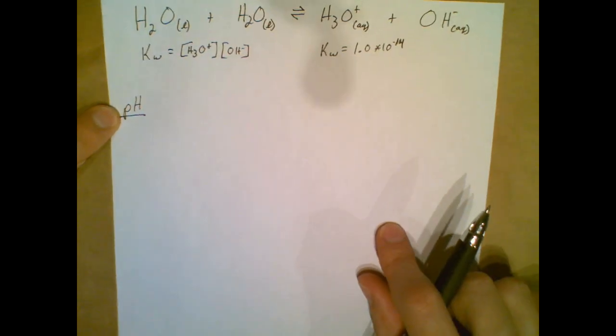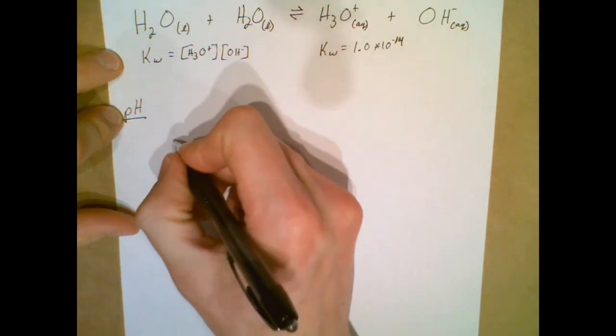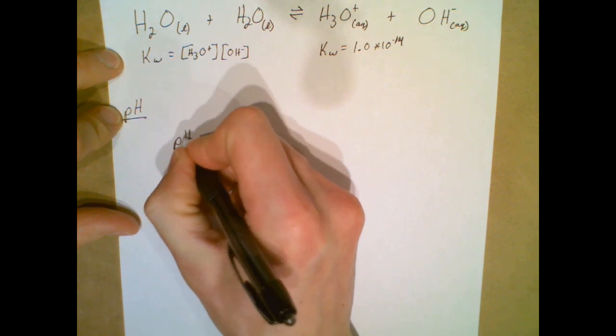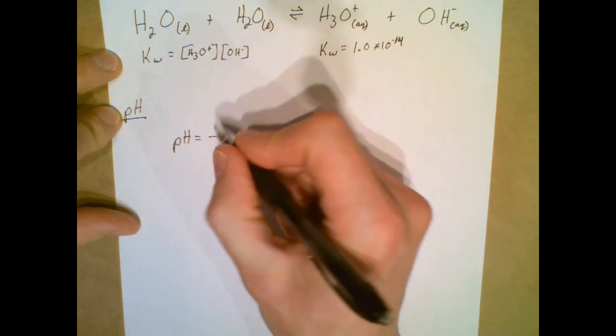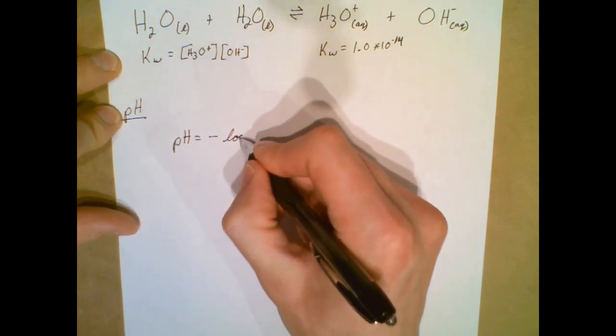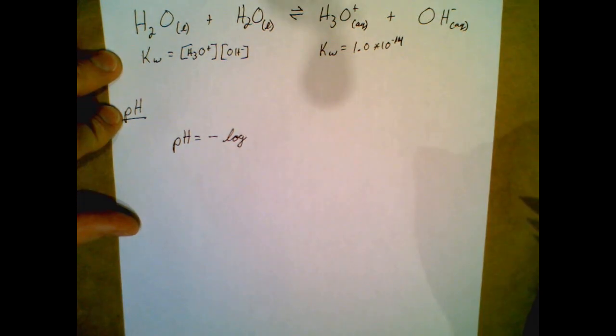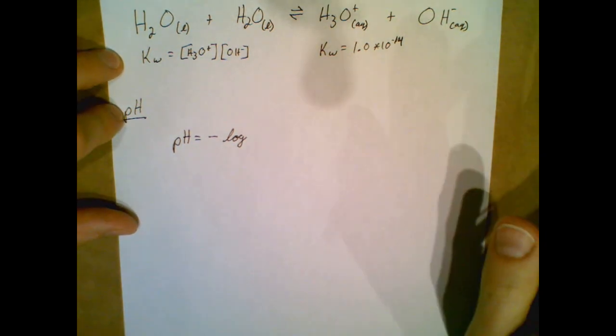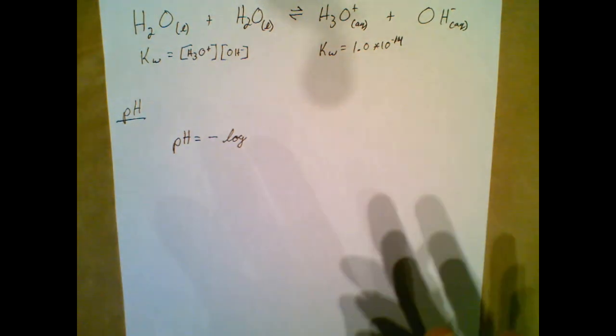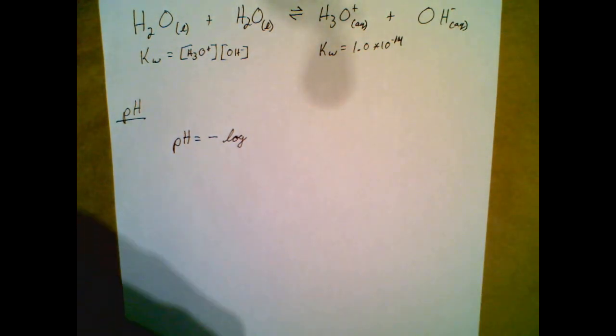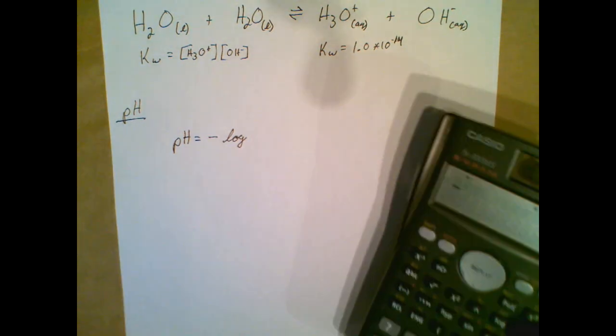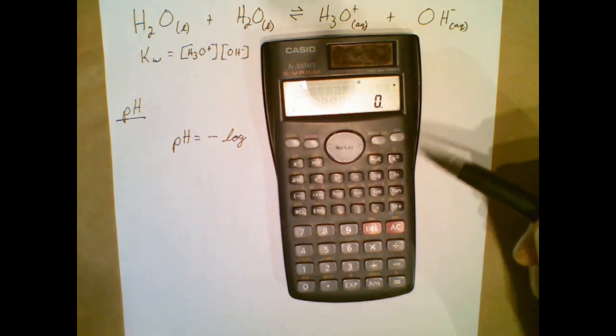In chemistry, a lowercase p stands for the negative logarithm. Now, if you haven't taken logarithms in math, don't panic. All you need to really know how to do is to use the logarithm function in your calculator.